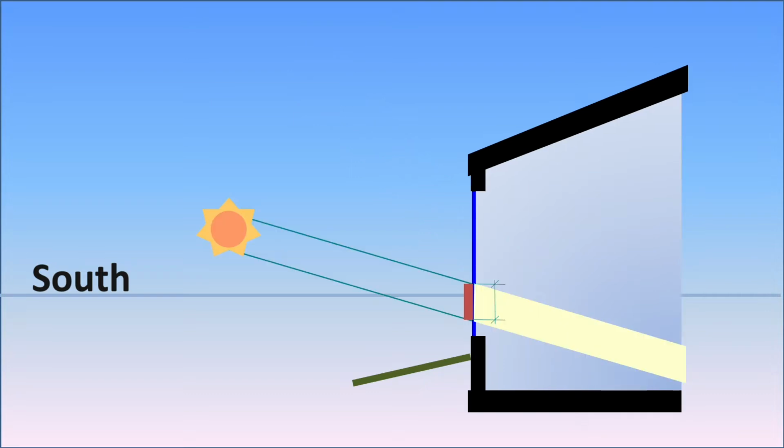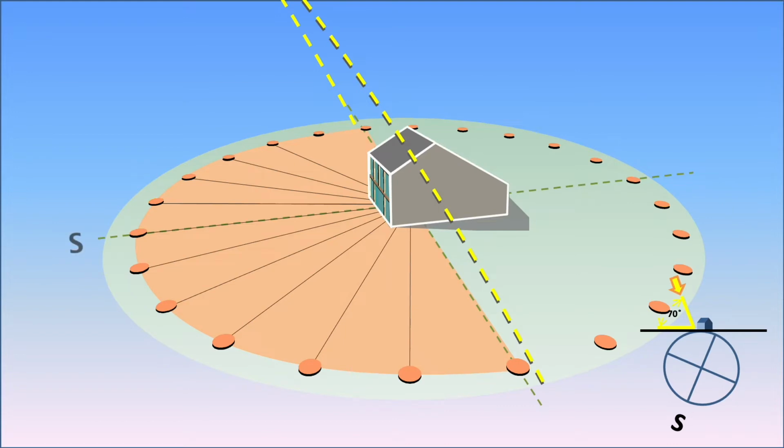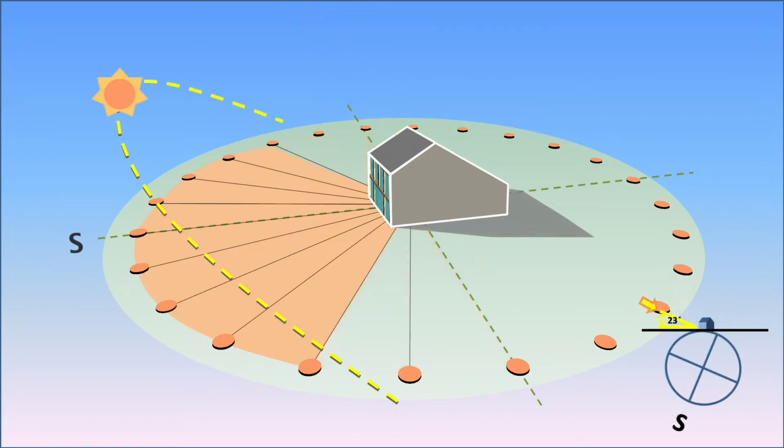In the winter, we will be capturing the sun when it is much lower in the sky at a higher intensity, increasing our solar gain just when we need it. It also increases how far the sun penetrates into the building. Facing due south is ideal. It maximizes winter gain and it minimizes summer gain.